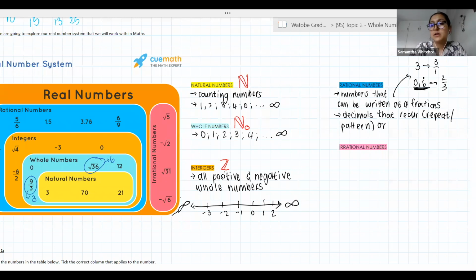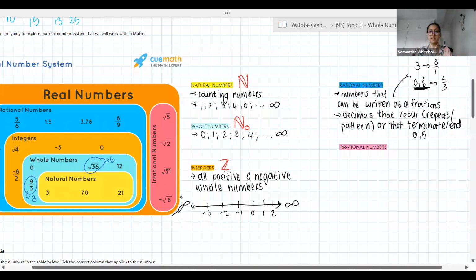Or it's decimals that, Tato used the word terminate. Basically, it has an end point. I'm going to say end. So for example, the decimal half is just 0.5. It stops there. It doesn't keep going.